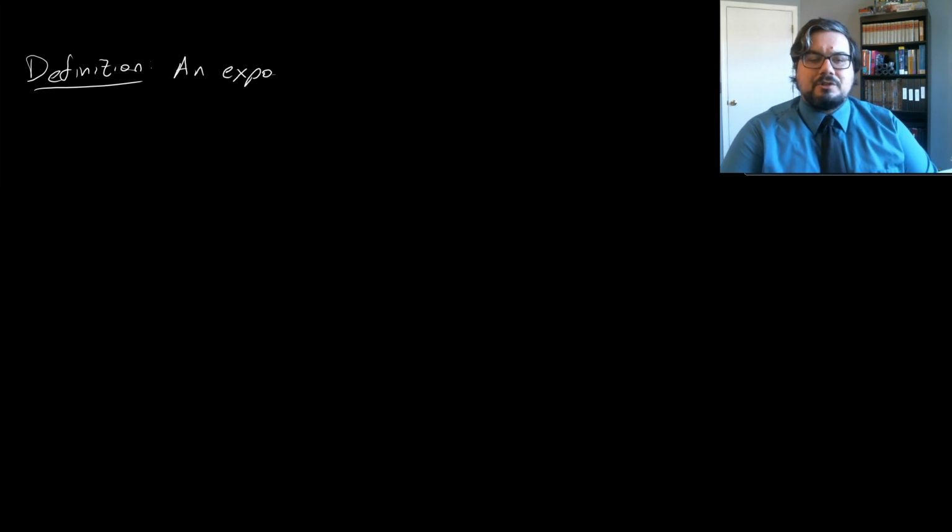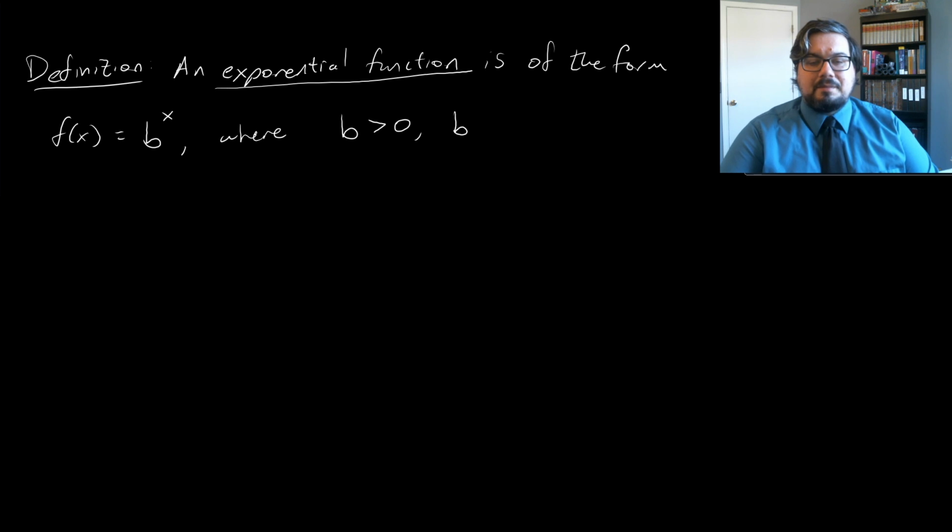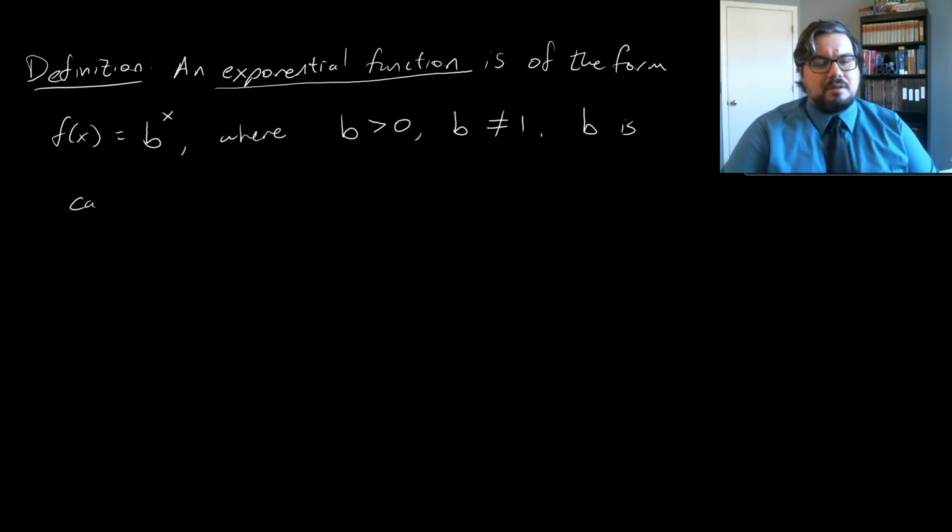An exponential function is of the form f of x equals b to the x, where b is positive and b is not equal to 1. b is called the base of f.